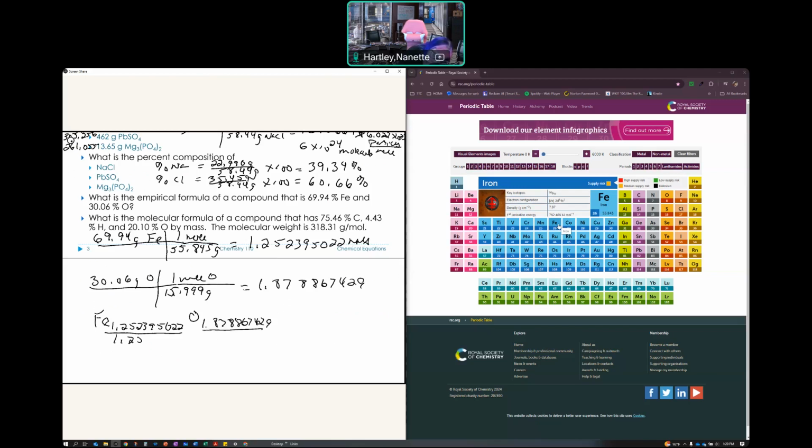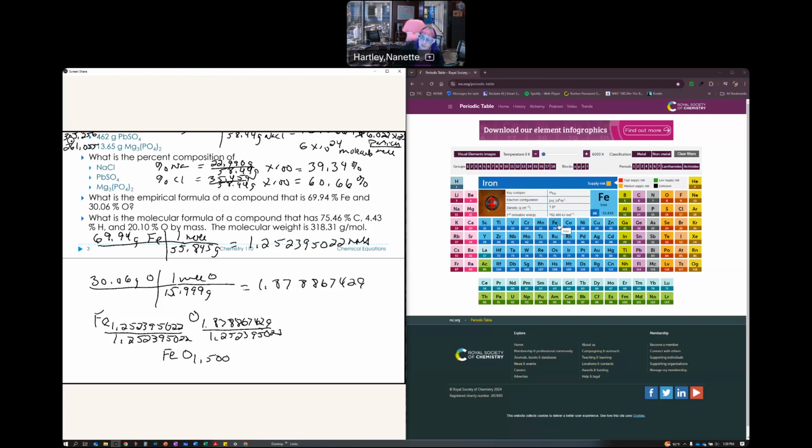So 1.2523950222 divided by itself obviously gives me 1 for Fe, but I have to divide that oxygen by that 1.25, and that gives me 1.500.